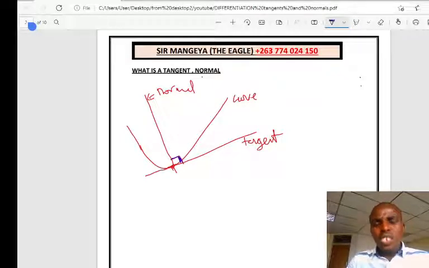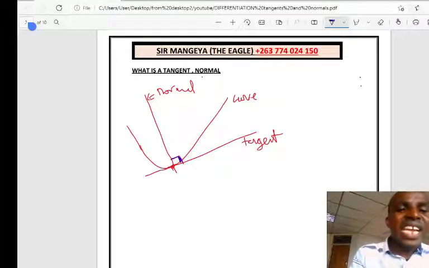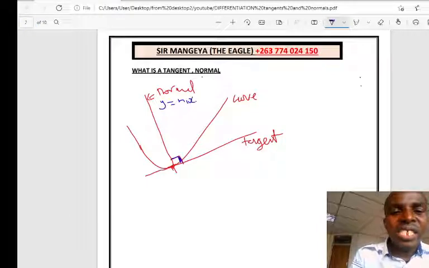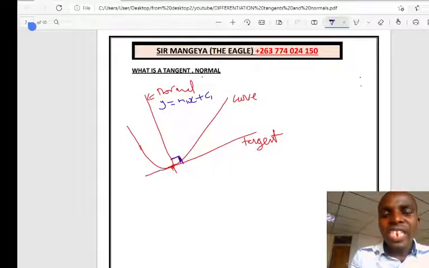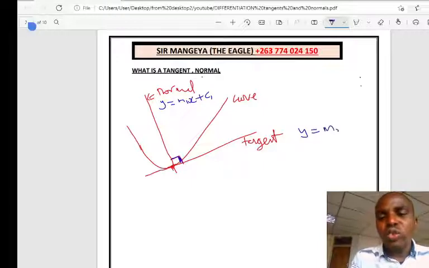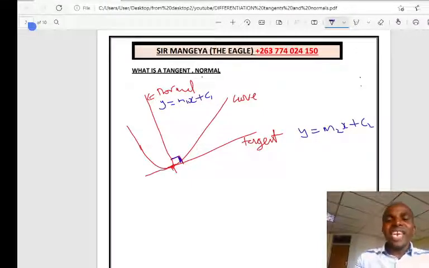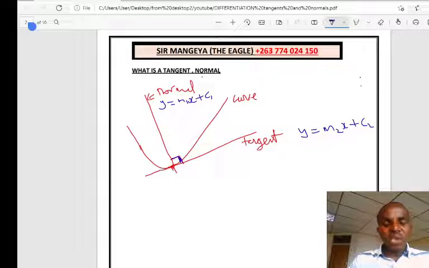Then, what will be their relationship in this case? Let's say the equation of this one was y equals m1x plus c1. Then equation of this one, tangent, was y equals m2x plus c2, like this. Then you have to know that the product of the gradients is supposed to give you minus 1.